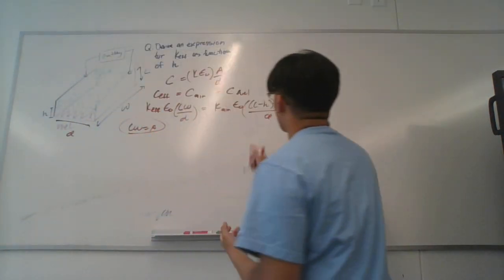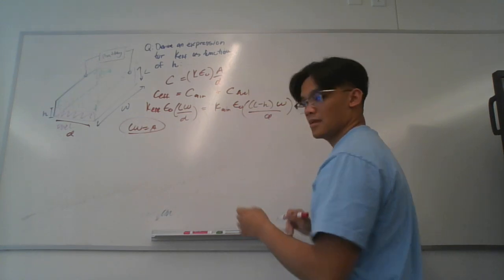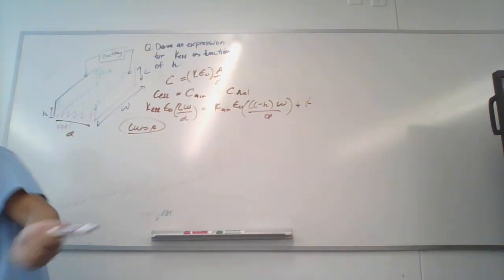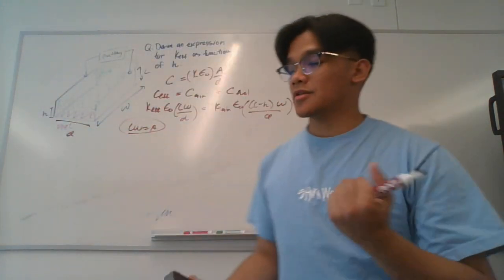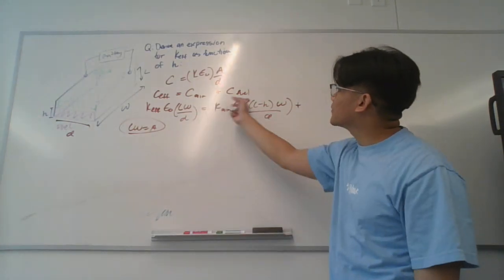And then we're going to do the same for the fuel, so it's plus K fuel. The reason I'm doing plus is because the capacitance equivalence in parallel is the first capacitance plus the second capacitance, equal to the equivalent capacitance.